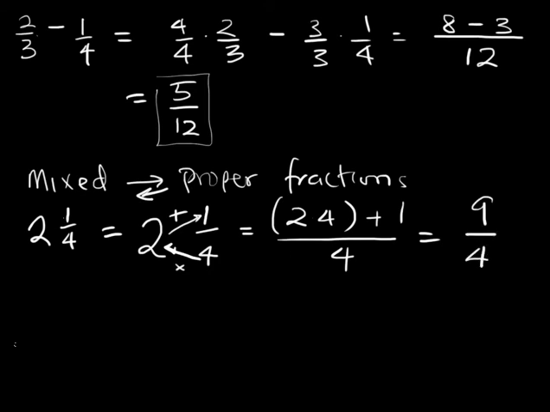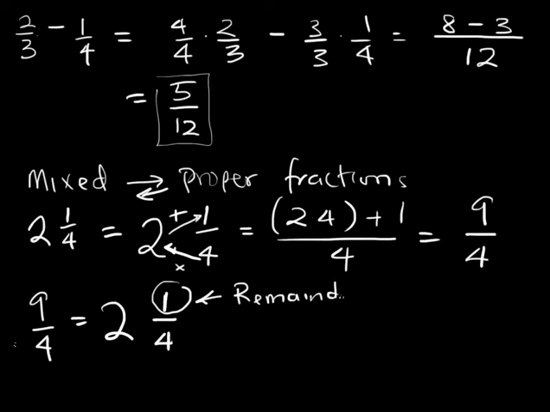So 2 1 over 4 is the same thing as 9 over 4. And you can see why that is the case, because 9 over 4, 9 divided by 4 is 2, because 4 times 2 is 8, and the remainder is just 1, right? And then you put the 4. So this 1 is just your remainder. That's all it is. It is just your remainder of your division.